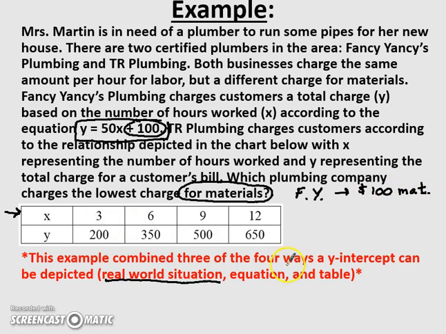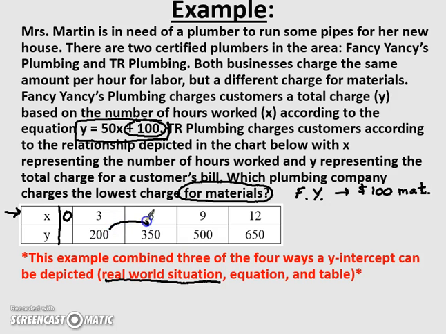Now, the second representation that I'm given, so this is step 2, is a table. We need to extend this table backwards to include the point for 0 hours worked, because if we take out the fees for the hours worked, we'll know how much the materials are. So you can see that this table is counting up by 3s. We need to count down by 3. 3 minus 3 makes 0.